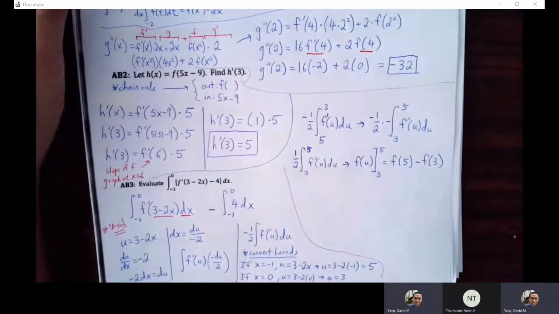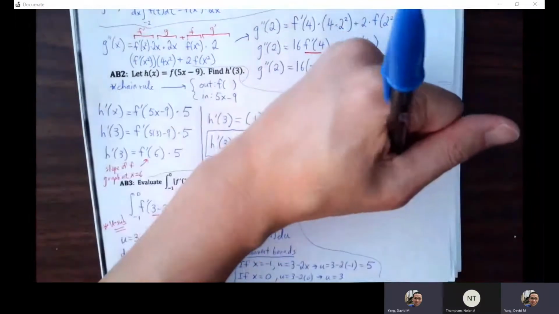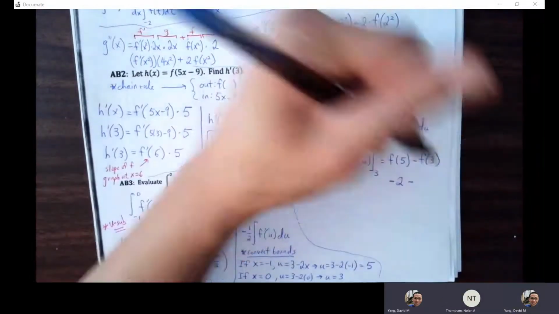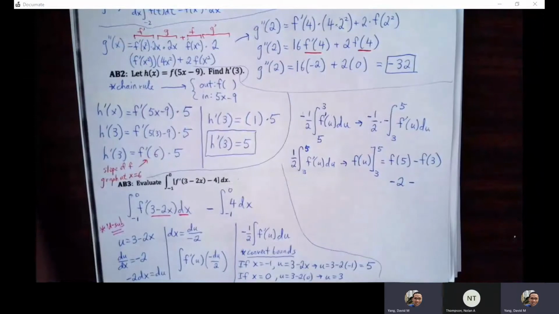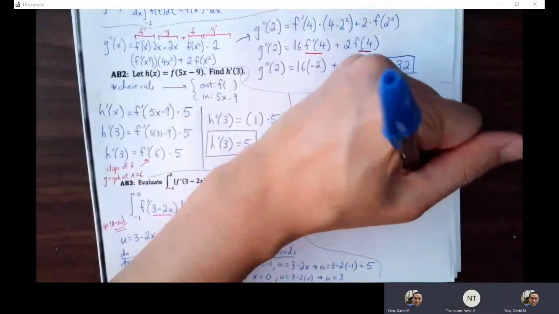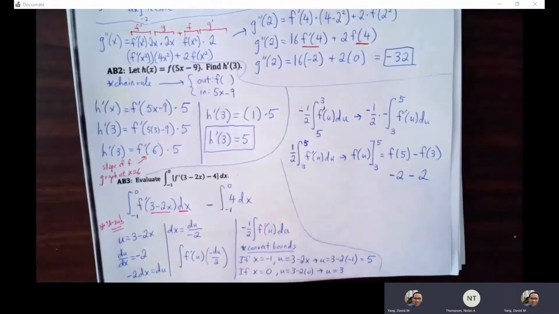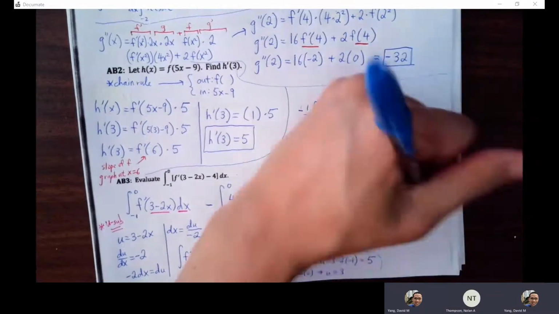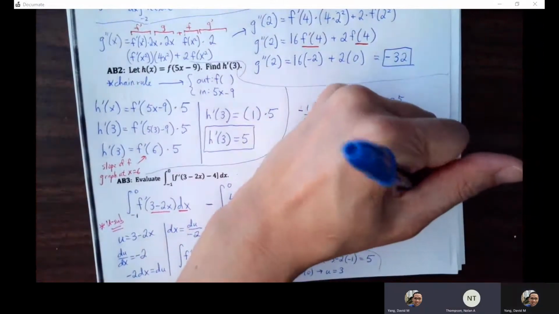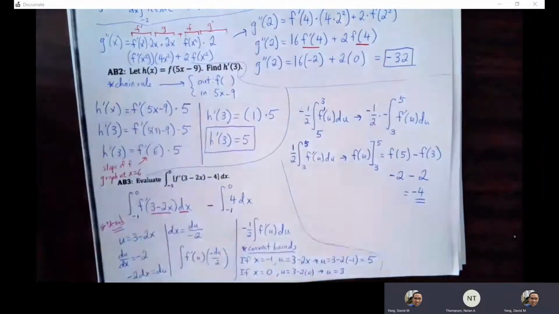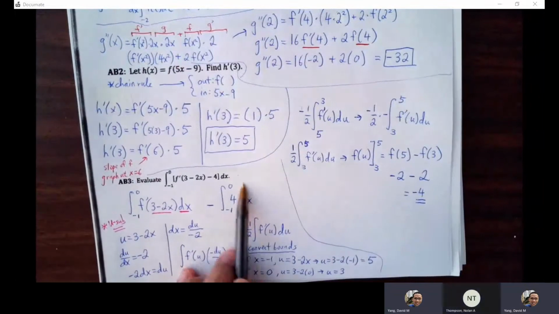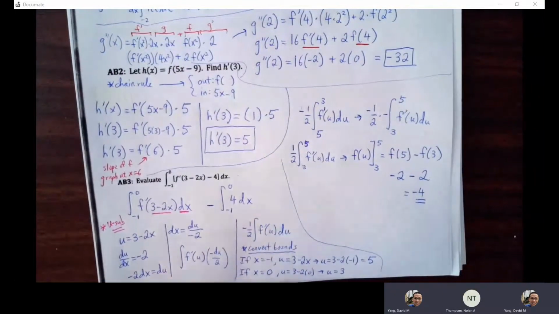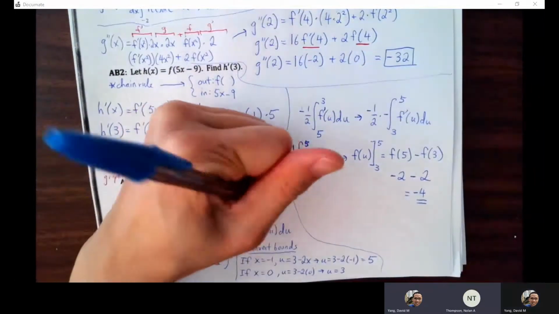F of 5 is -2. F of 3 is 2. Oh, yeah, they're both same signs, so -4. My bad. Now there's still something going on here. We haven't figured out this part yet.